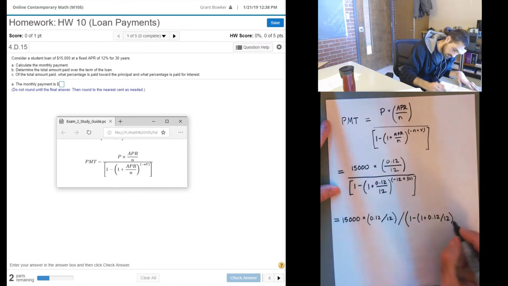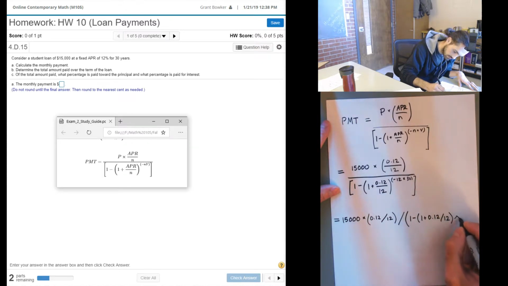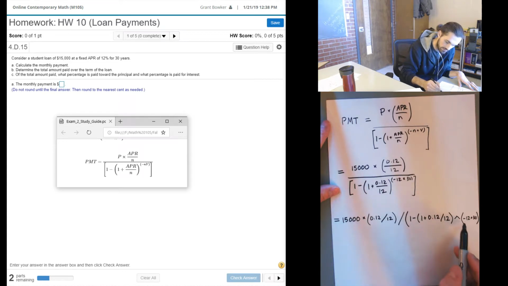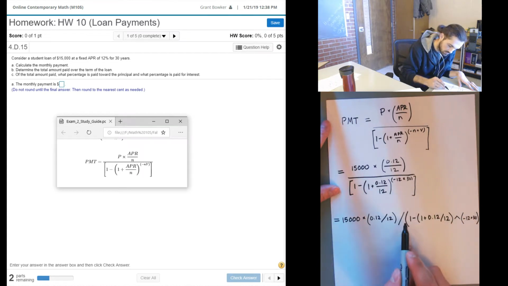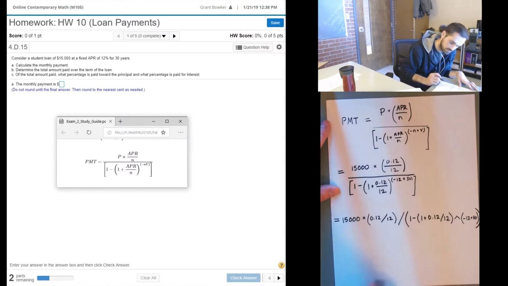We want to take this chunk in parentheses and raise it to the negative 12 times 30, right parenthesis, to finish off our exponent, and then we'll add one more right parenthesis to finish off our denominator.